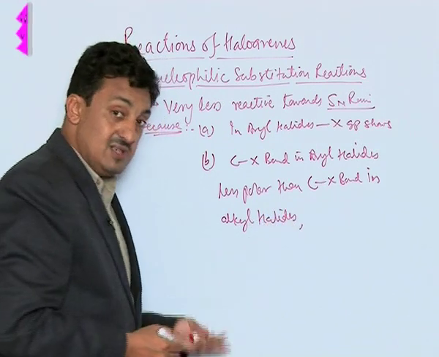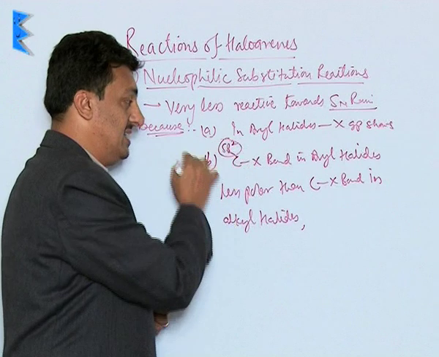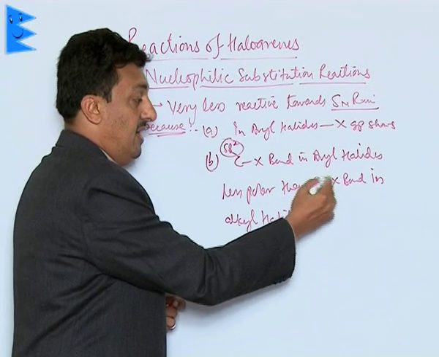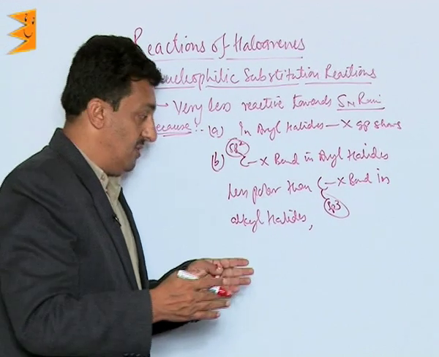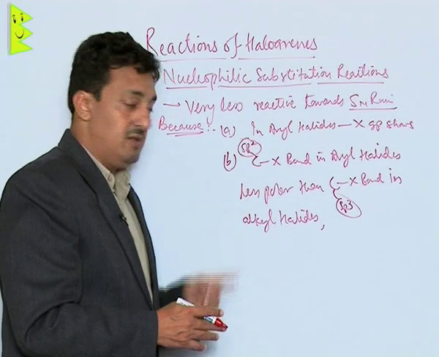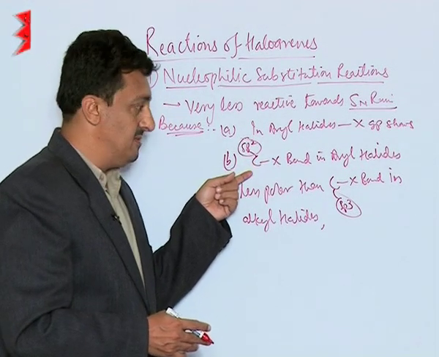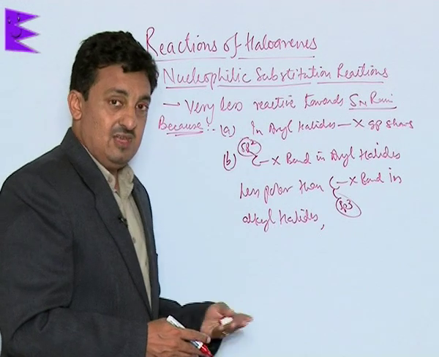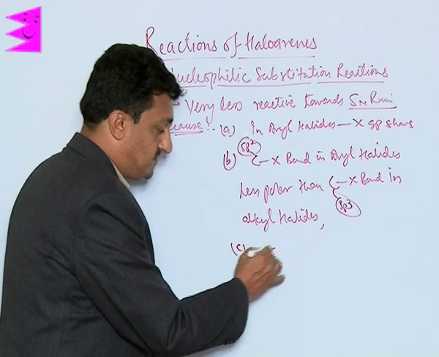Why is it so? Because the carbon in this is sp2 hybridized, whereas carbon in the alkyl halides is sp3 hybridized. So less polar, shorter bond length due to partial double bond, plus sp2 hybridized carbon, and that is why lesser nucleophilic substitutions.